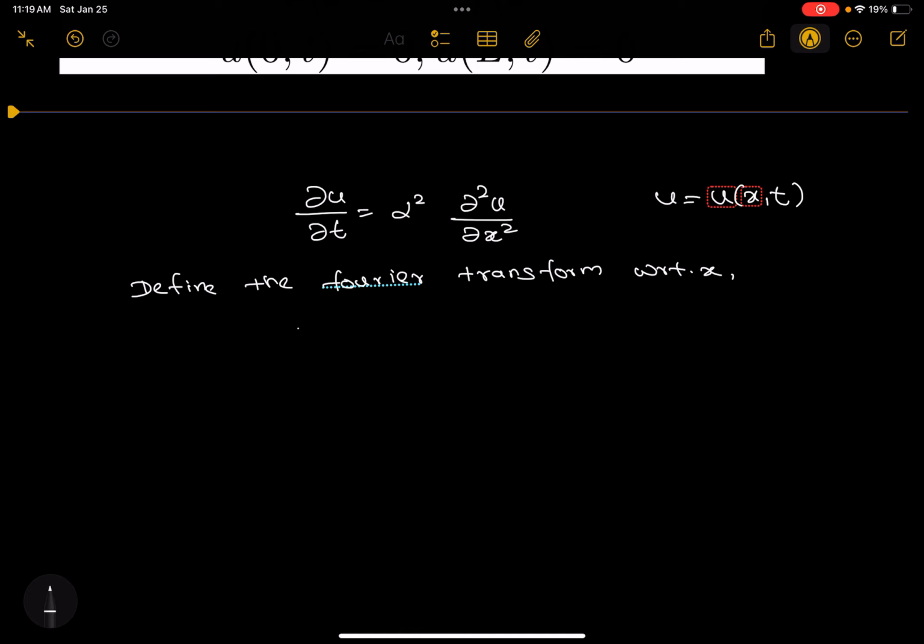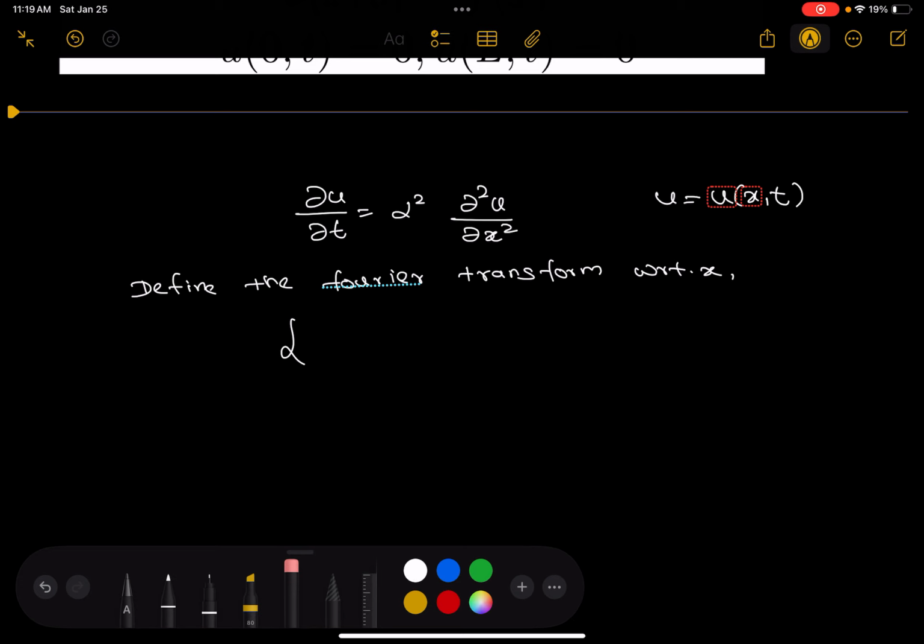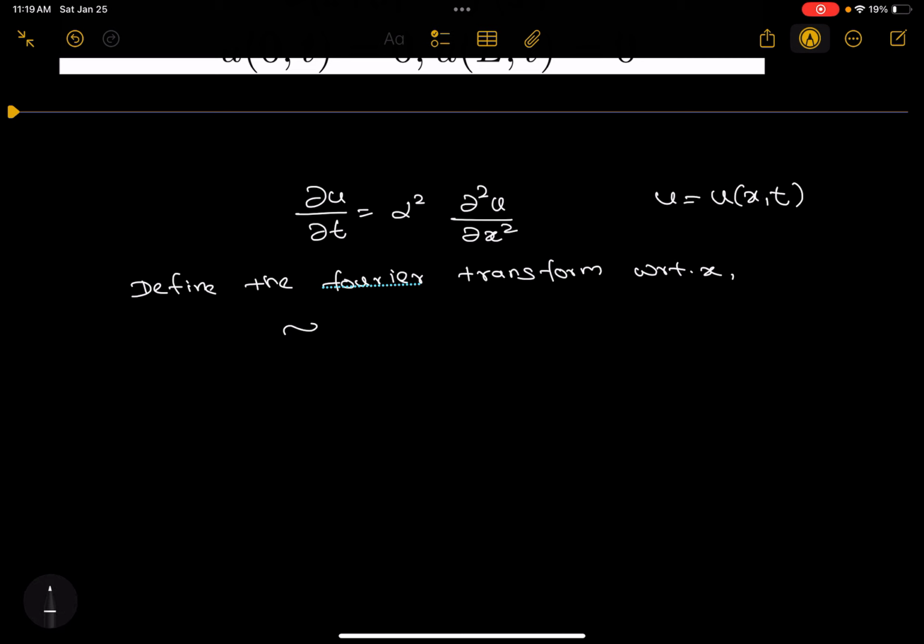Okay, so let's say if I take, sorry, I'm used to the Laplace transform. Okay, so if I now take the Fourier transform of u of x comma t, this will just be the integral from minus infinity to infinity of u of x comma t times e to the power minus i omega x dx.